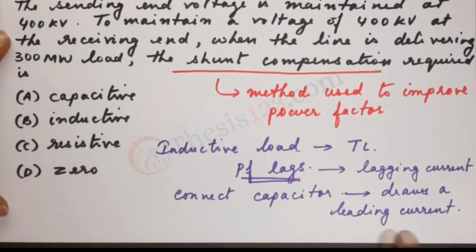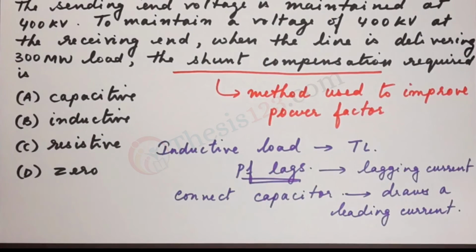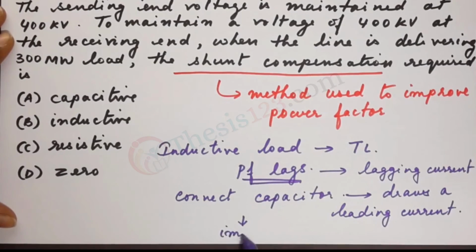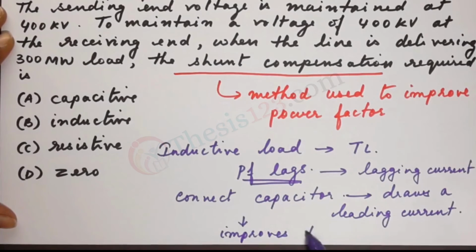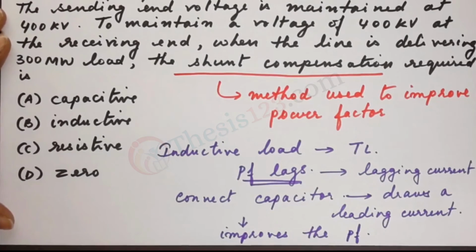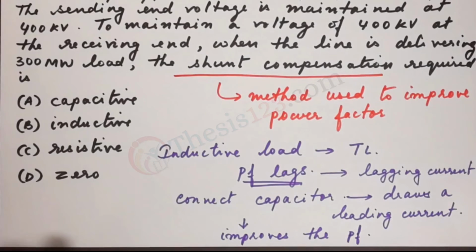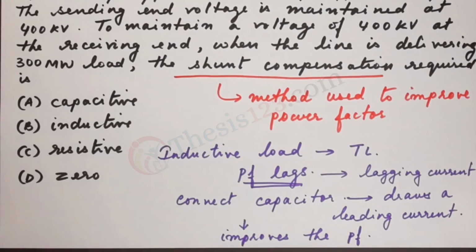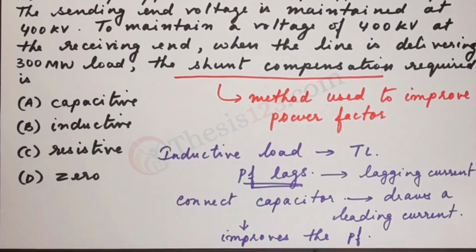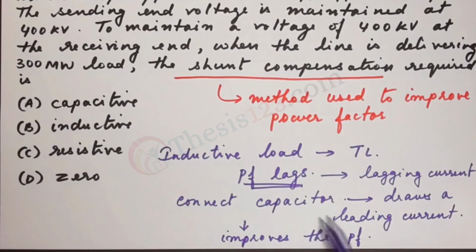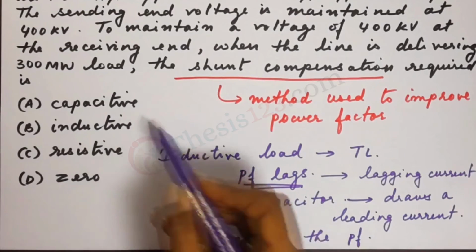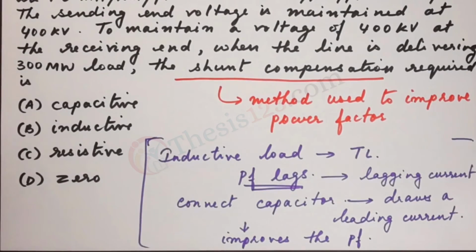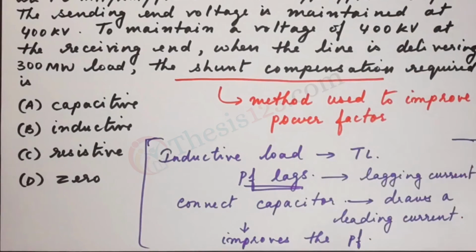So this compensates the entire system and hence improves the power factor. So if there was an inductive load, then by connecting a capacitor, we would improve the power factor. So here the shunt compensation is capacitive. Okay, it's an example. Alright, so now we have to figure out the question given to us.